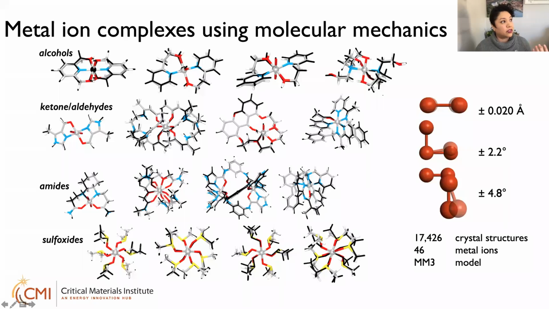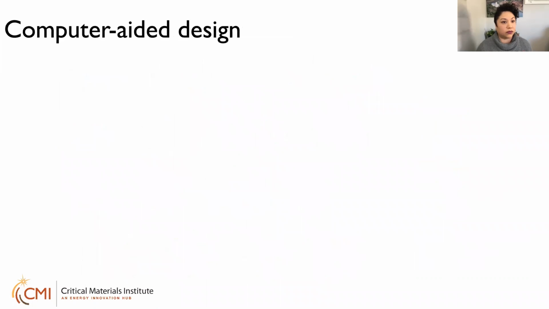And here, these images are just a small subset of different types of ligands that there are parameters for. The colored and the black structures are the crystal structure versus the molecular mechanics structure. And as you can see, they overlap very well. And so that's part of where we're getting some of our data.